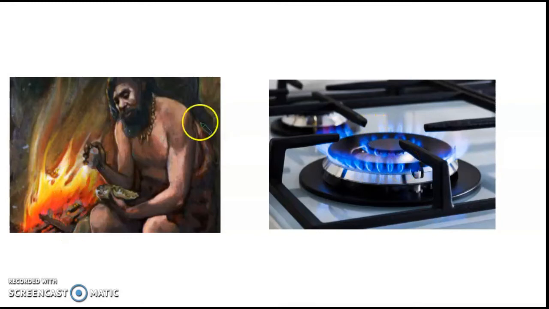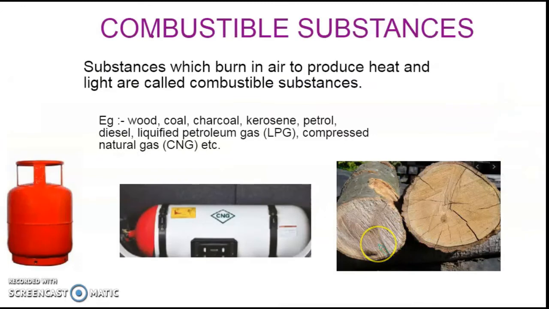So in both pictures there are substances being burned to produce fire. What is that substance known as? Yes, the substances that are burned to produce fire are known as combustible substances. So wood and LPG are combustible substances.